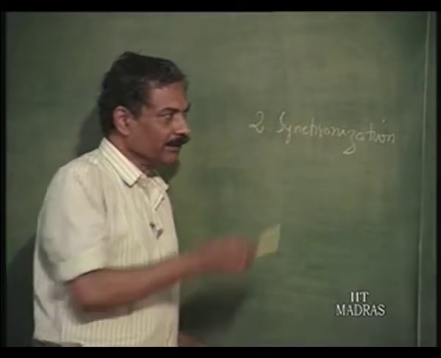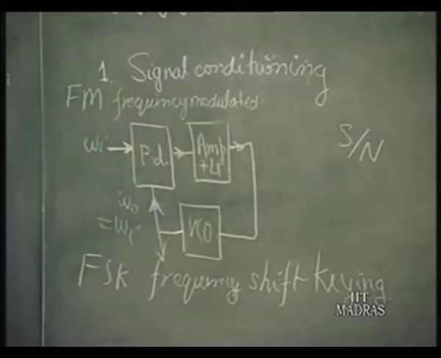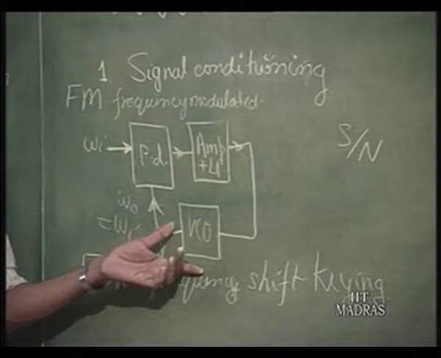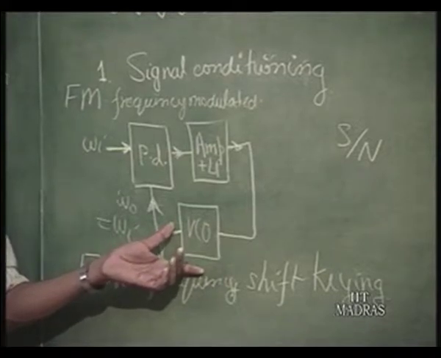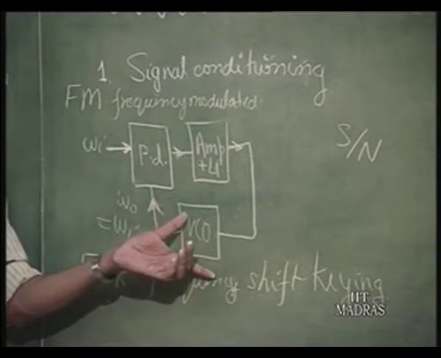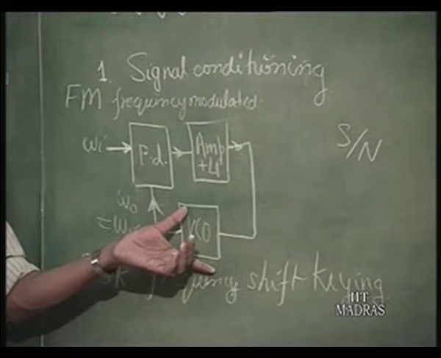So, what will happen is, the composite video will appear here at a PLL input whose free running frequency corresponds to, let us say, horizontal synchronization frequency. So, we know the horizontal synchronization frequency of the television signal. So, make the PLL have free running frequency of the horizontal synchronization pulse.